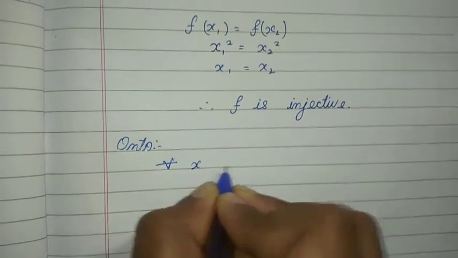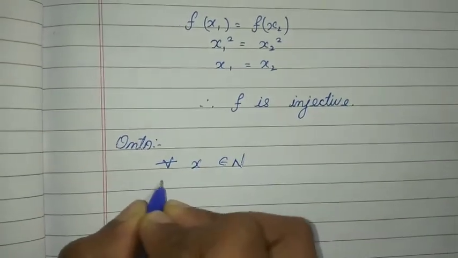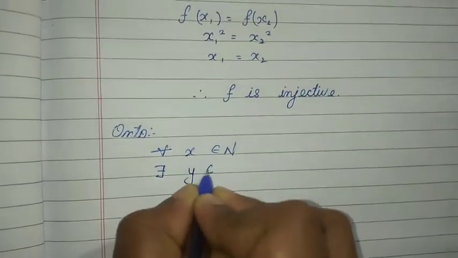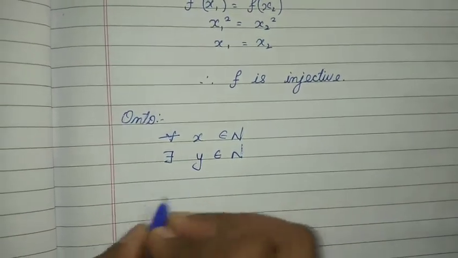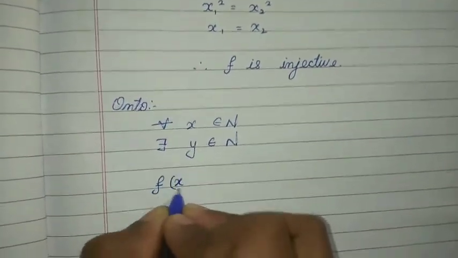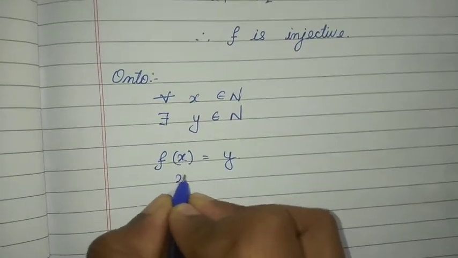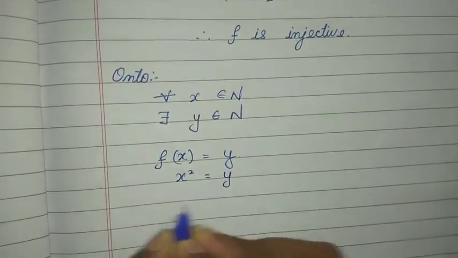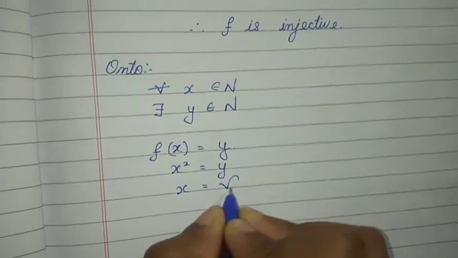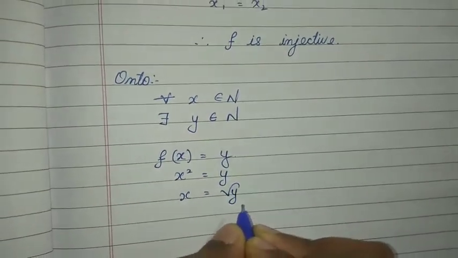Done. Next, onto. For every x belonging to N, there exists y also belonging to N. Therefore, we'll have f of x is equal to y. So f of x is x square is equal to y. x is equal to root y. Okay.